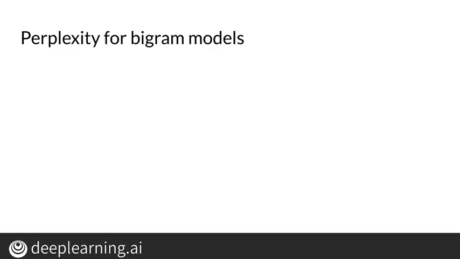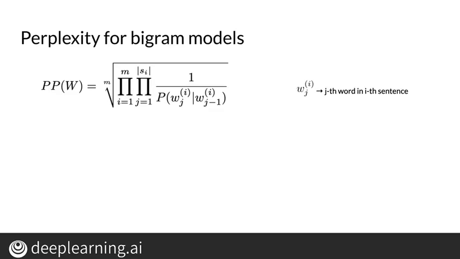Now we get ready to calculate perplexity for bigram models. In a bigram model, you calculate the product of bigram probabilities of all sentences. Then, take the power of -1 over m. Recall that the power of negative 1 over m of the probability is the same as the mth order root of 1 over probability.